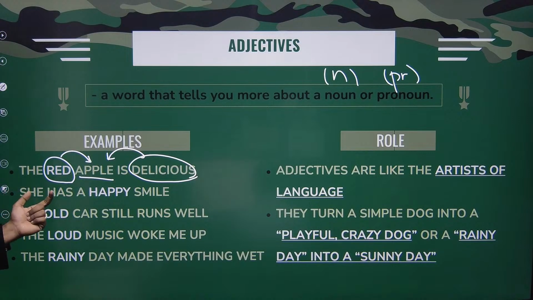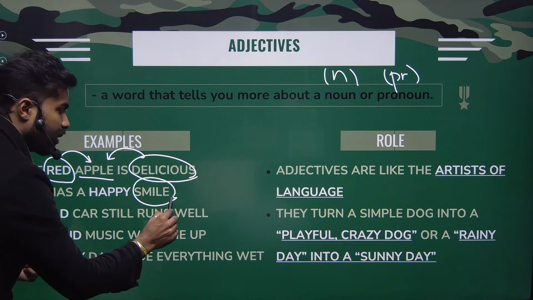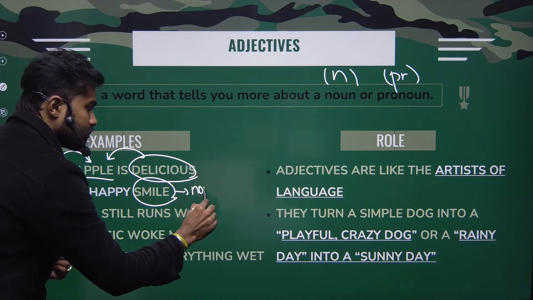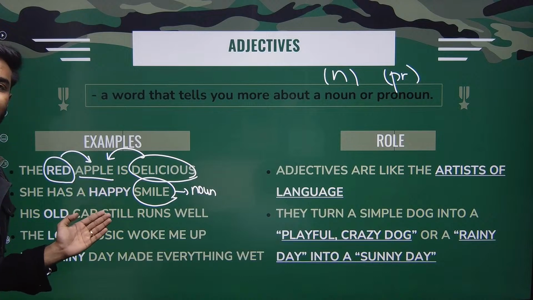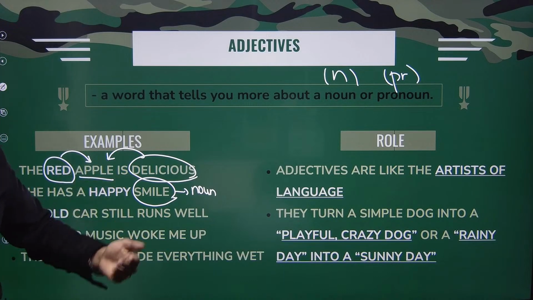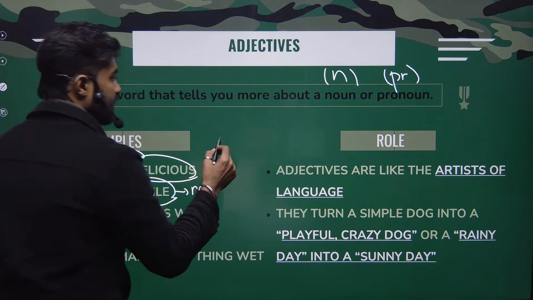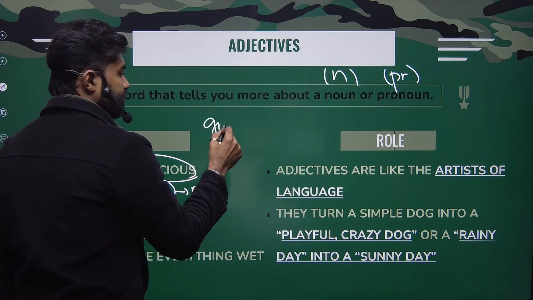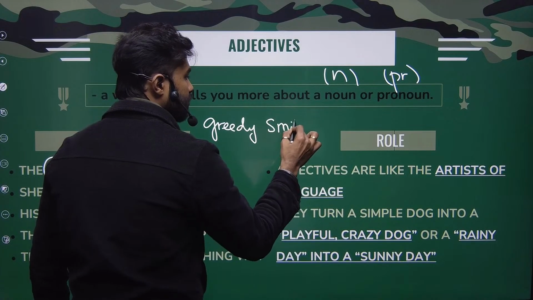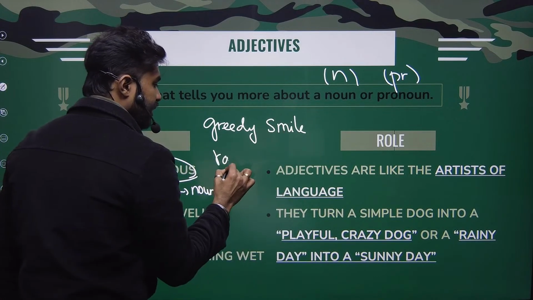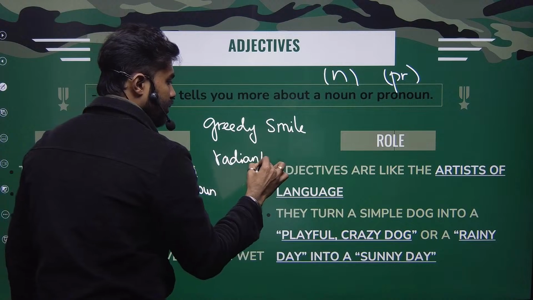All right. She has a happy smile. Smile is a noun. And what kind of smile is she giving? She is giving a happy smile. See, I can say greedy smile, radiant smile.